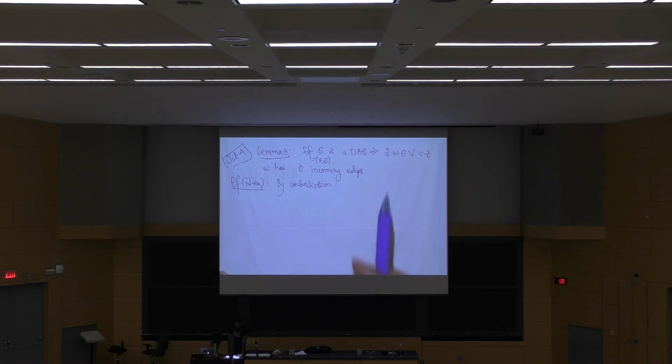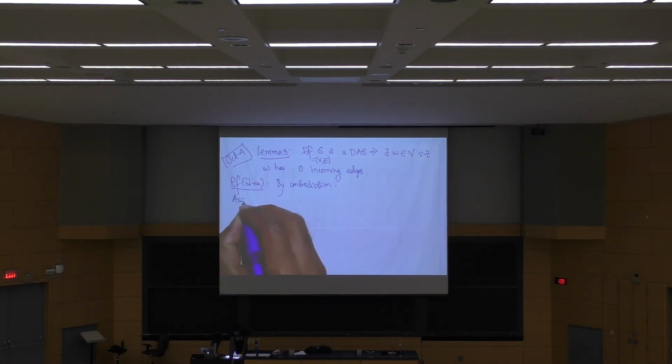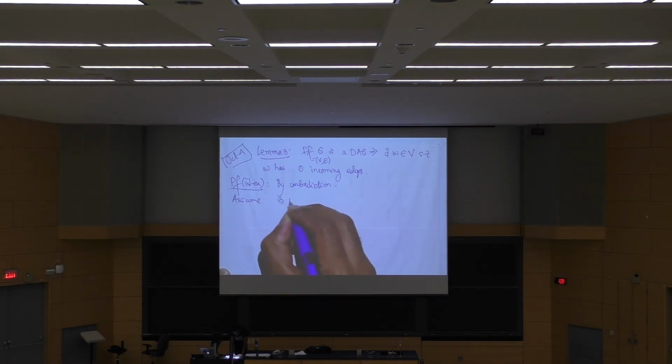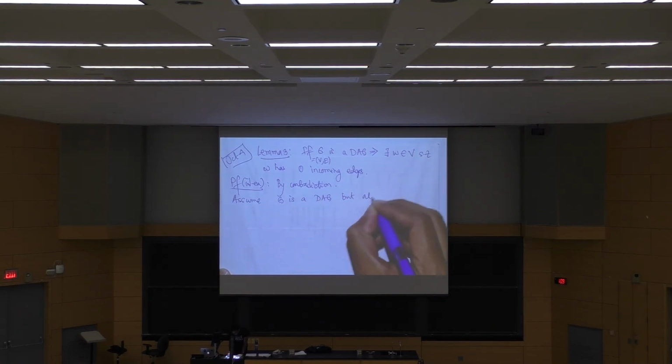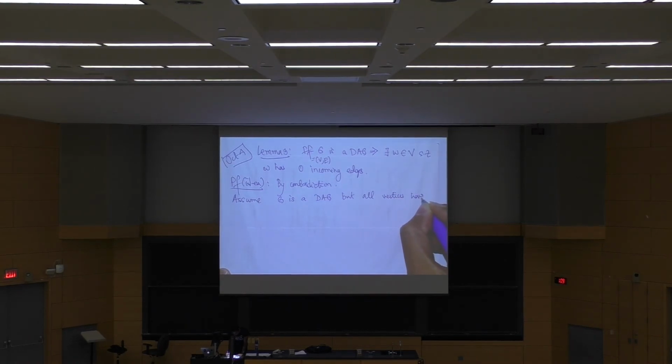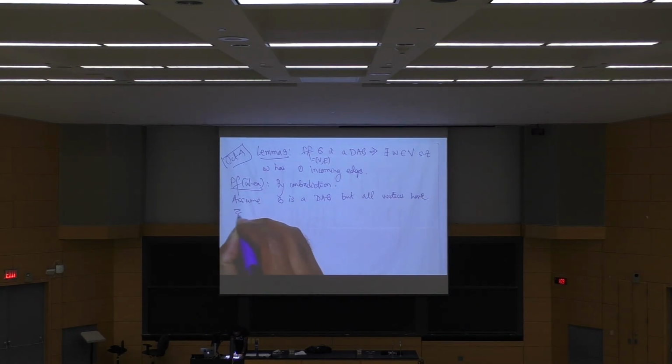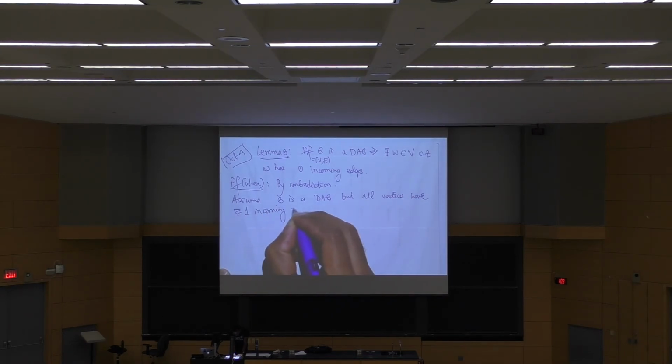So again, remember when you have an implication, the negation is you assume the antecedent is true and whatever is being implied is false. Right? So assume G is a DAG, but all vertices have at least one incoming edge. So again, this is the logical negation of the implication that we want to prove.